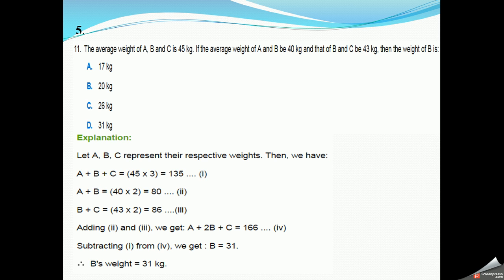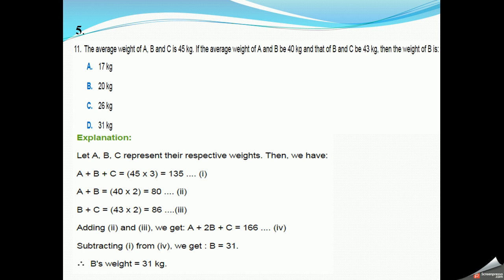The second statement: the average weight of A and B is 40, so the overall weight of A and B equals 40 multiplied by 2. And next, B and C is 43, so the overall weight of B plus C equals 43 multiplied by 2. When we take the second and third statements, we add them.